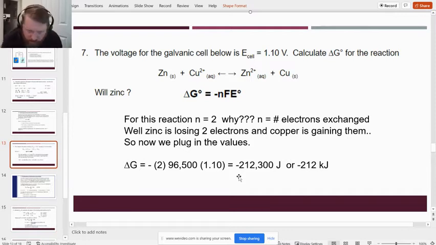Anyway, it's a negative value. And when delta G is negative, reactions can occur spontaneously. The conditions are all set for this reaction to run. We connect it up and it will run. The electrons will flow. They'll move around, which is great. Really, it's awesome. That's how batteries work and stuff.